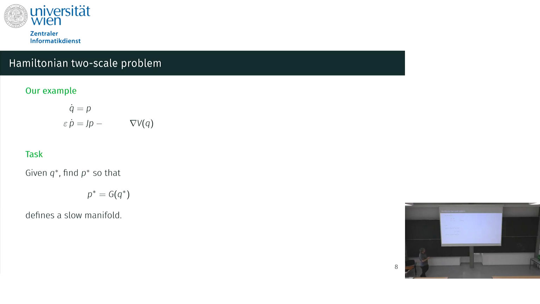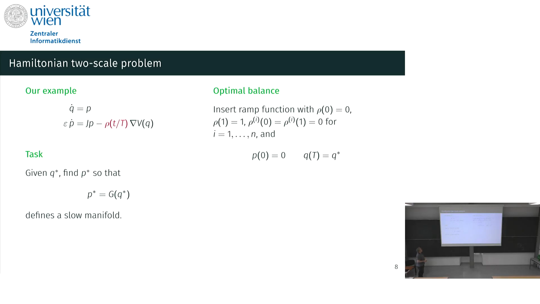So we are looking at a slow manifold where, given a slow variable Q, like the potential vorticity in the GFD case, if we have Q star as the target field, we want to construct an associated P variable here. Right, and then again, we do what I explained already twice. So we have these boundary conditions for the optimal balance problem.